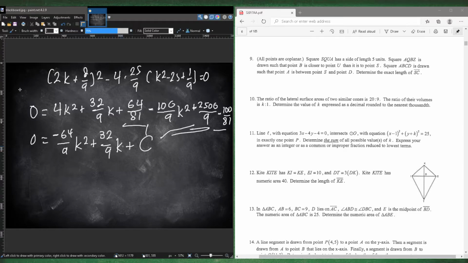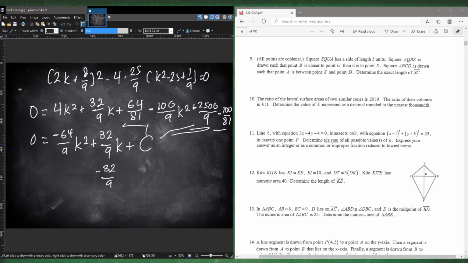Another unique thing about polynomials is that the sum of all values for k is always the negative of this coefficient divided by this coefficient, so this is actually negative 32 over 9.